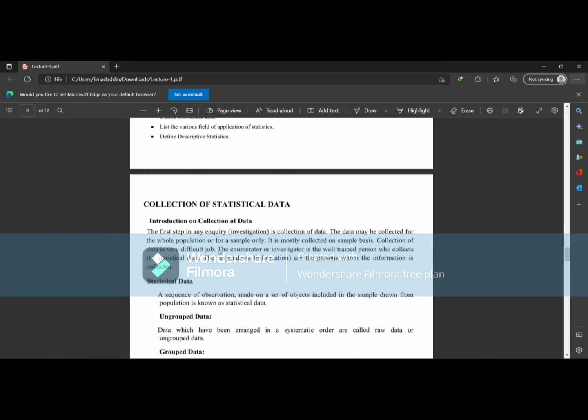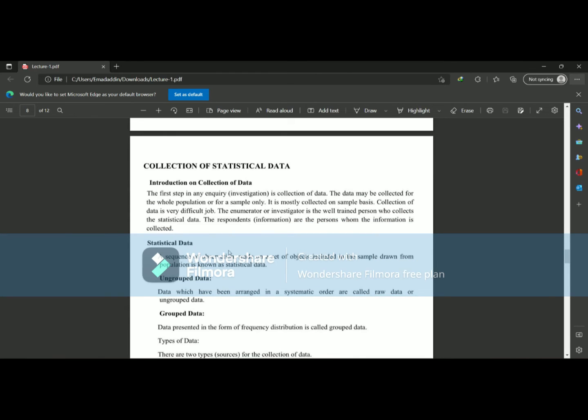It means that the collection of data needs to be done by a person who is highly trained. It is a difficult job because the person who collects the data needs to be smart and have had a lot of training for the job.